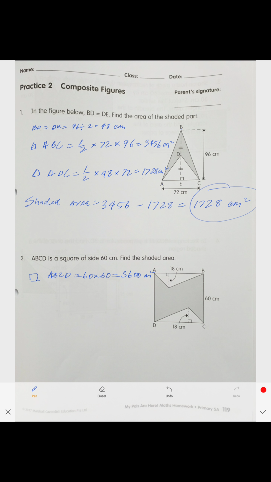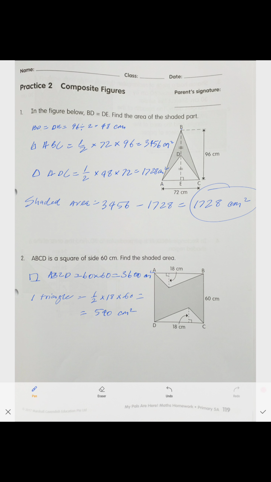So the area of the one unshaded triangle, 1 over 2 times 18 times 60, right? And it is 540 square centimeters. But we have two of them, right? 1 and 2.